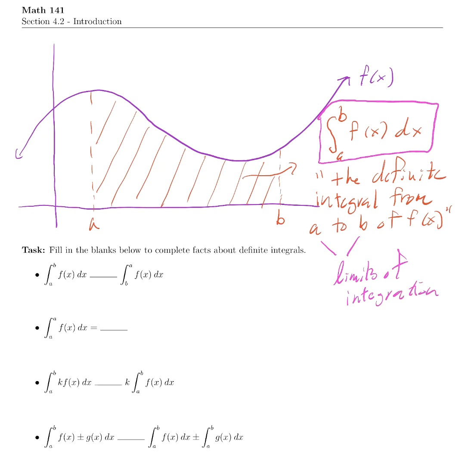We'll look at a specific example in a few minutes, but this basically says find the area between f of x and the x-axis on the interval from a to b.